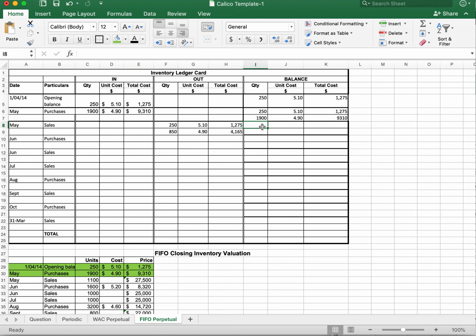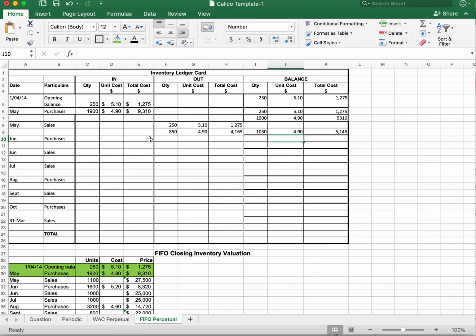So we've got none of the first ones left, 0 of those, and what we've got is 1900 less what we've sold of those left. So we've got 1050 at $4.90. So that's that section there.